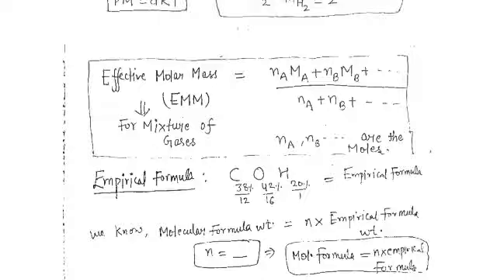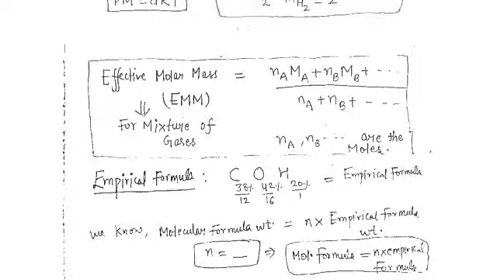What you have to do is divide the percentage given to you by the corresponding molecular weight. Like what I had written here, carbon is, for example, 38% given, then we divide it by its atomic weight, that is 12.